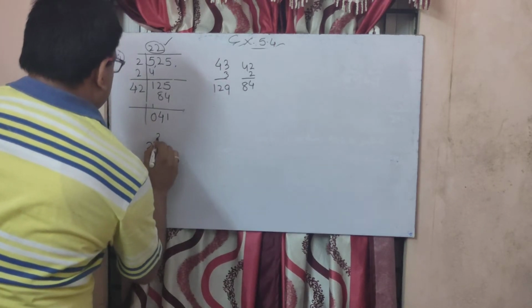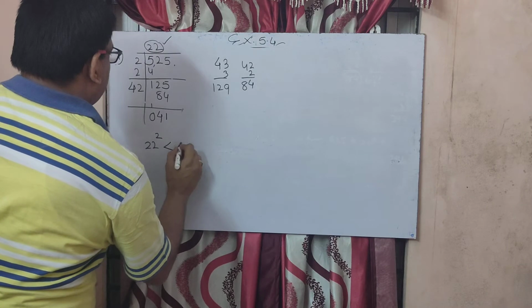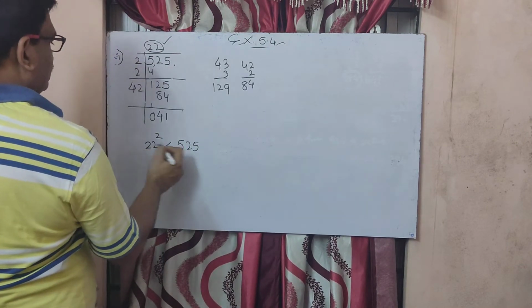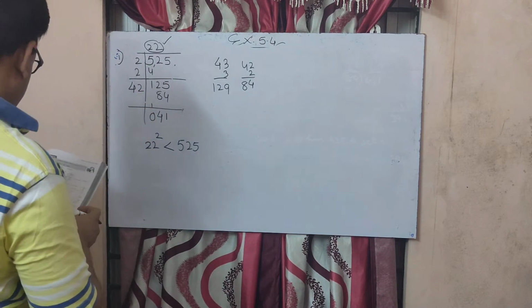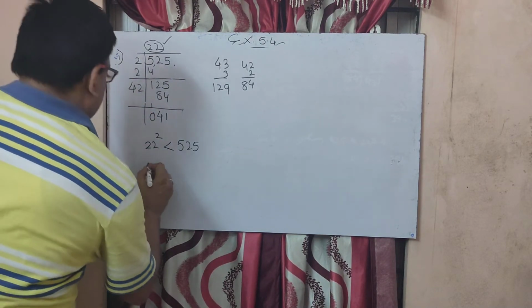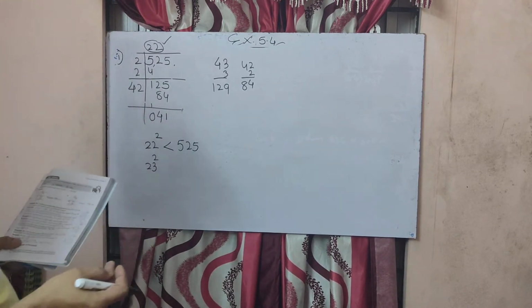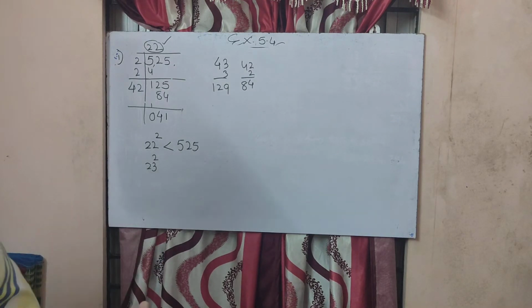22 square is less than 525. Okay. And the next perfect square will be 23 square. So what is the square of 23?